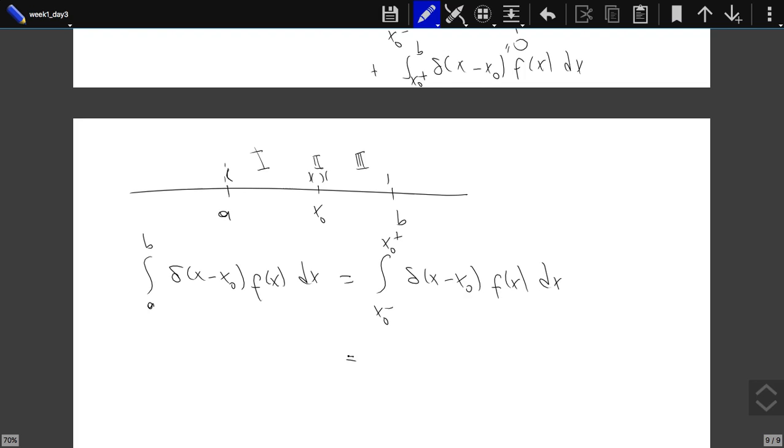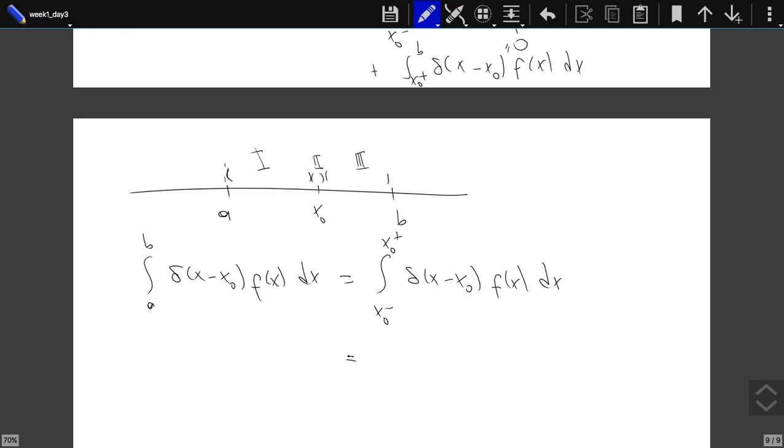But you see, we are talking about a very small range of x. And eventually, we can even take that limit, the size of that very small interval to 0, because Dirac delta is non-zero only at the point. But if f is a continuous function, and in physics, all the functions we will be dealing with will be continuous functions, then in that very small interval, the value of f does not change.